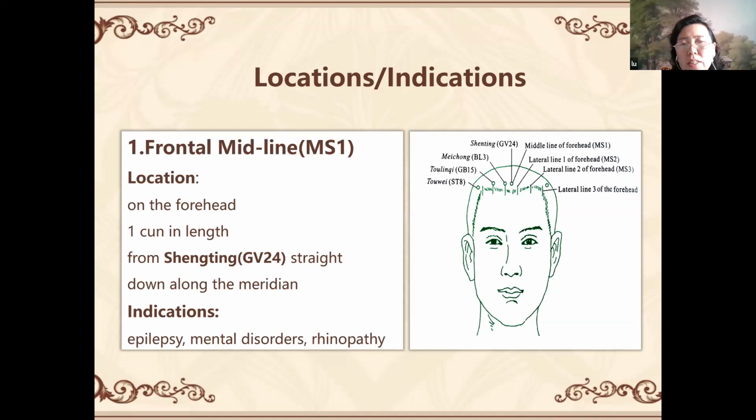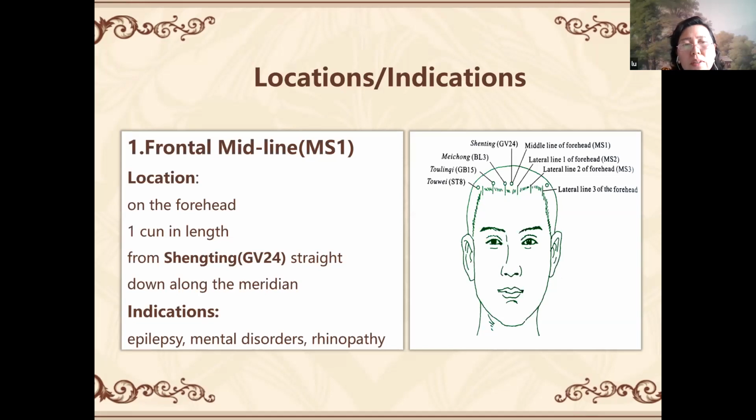We just stimulate from Shen Ting straight down along the meridian in 1 cun. This area is used for treating the problem of epilepsy, mental disorders, and retinopathy.